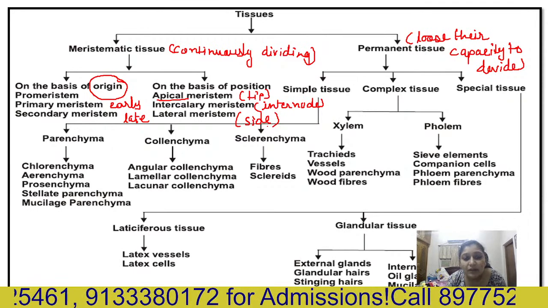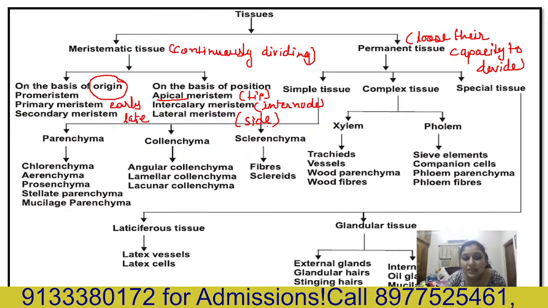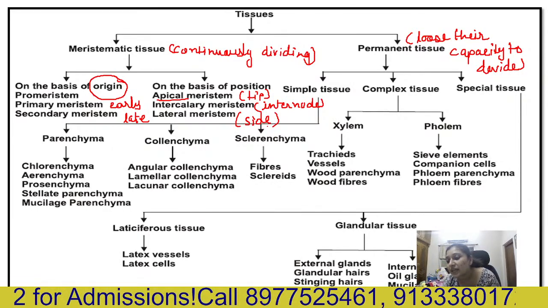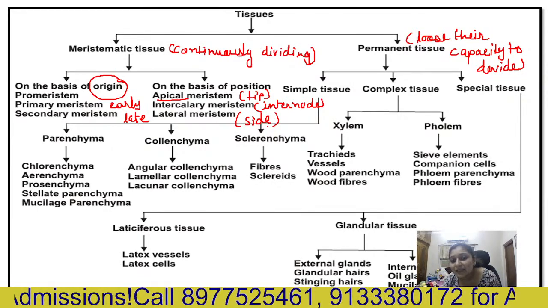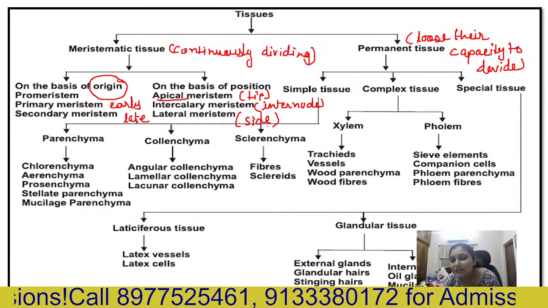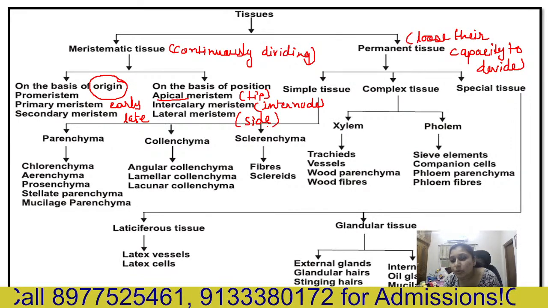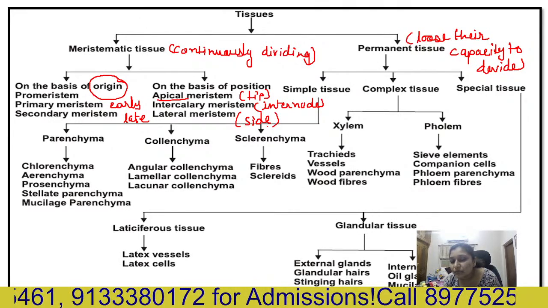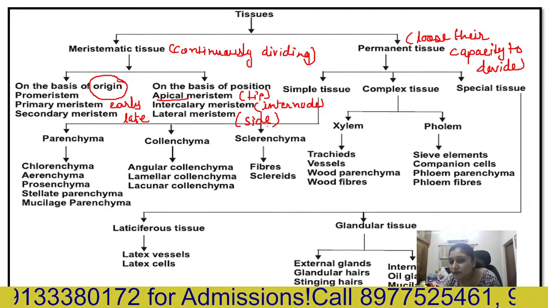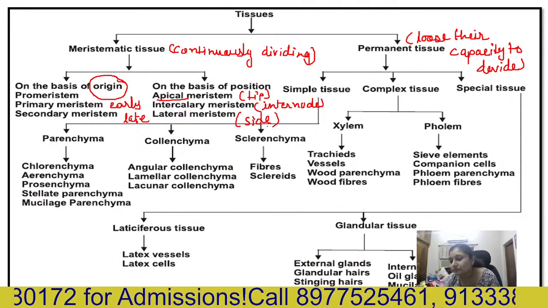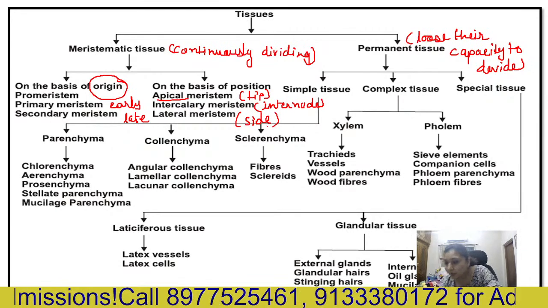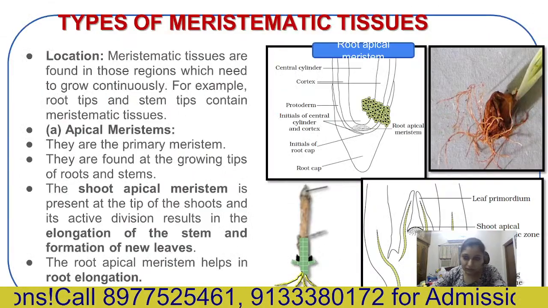Collenchyma has deposition in the cell wall started. In sclerenchyma, there are two types: fibers and sclereids. Xylem and phloem are part of complex tissue. We will discuss all the components of xylem and phloem in detail. So do not go anywhere. We are starting the most important part of the chapter.